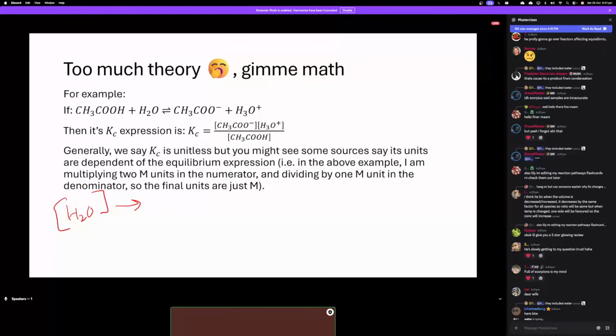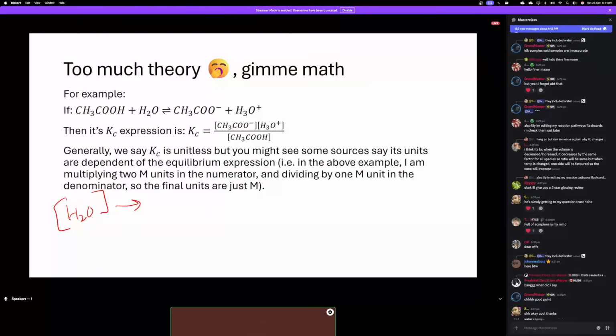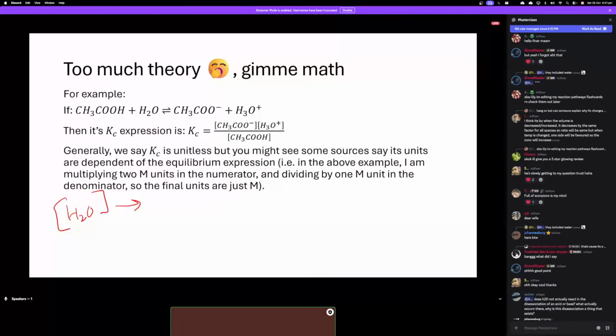It is producing water, right? It's not being used to dissolve something or anything like that. It is being used as part of the reaction. It is liquid, but it is being produced, and so we do consider it in that scenario.